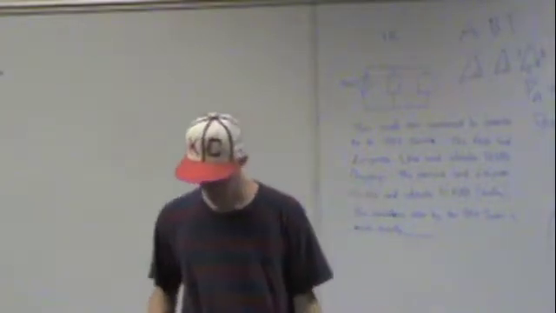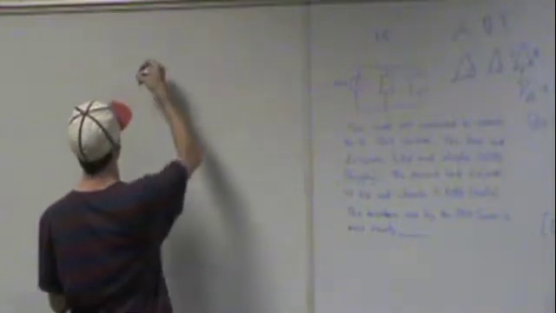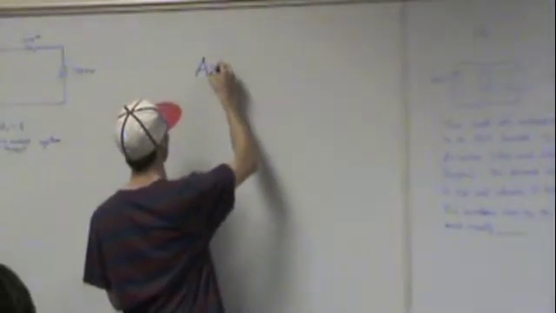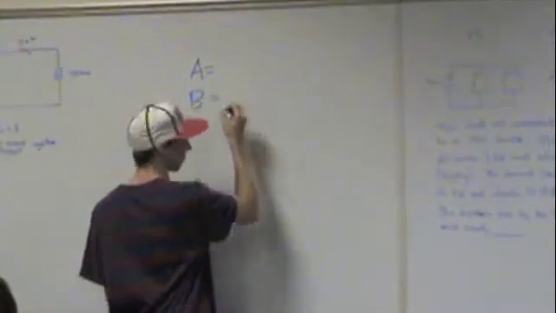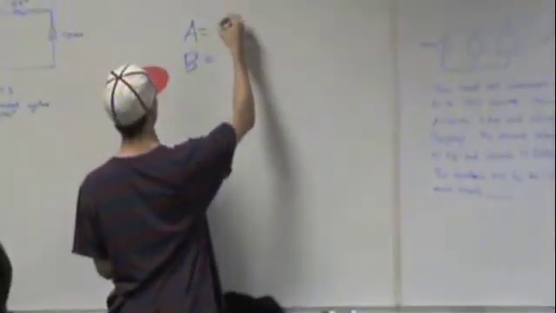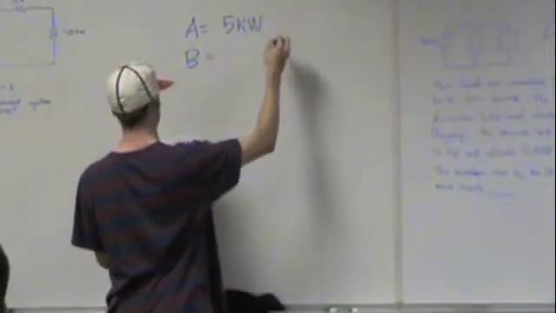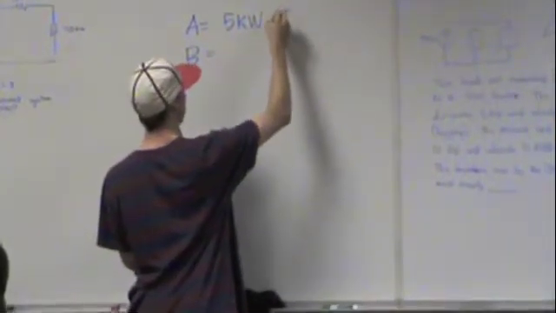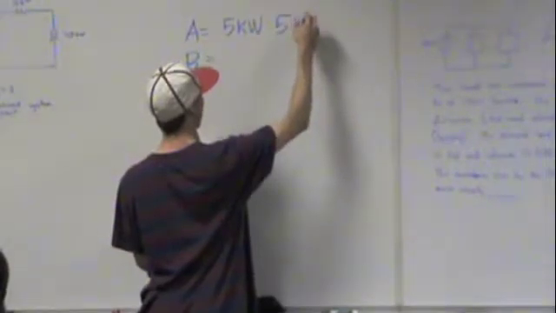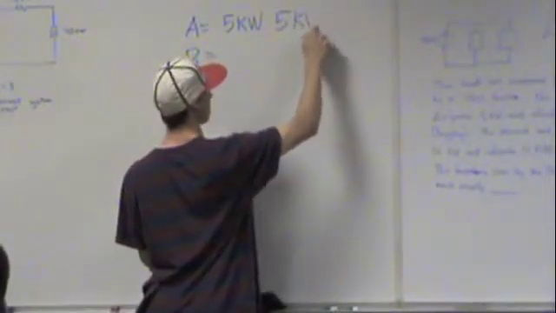But all right, so we're just gonna do the same problem, but now we're gonna do it using phasors. So again, we have A and B. So we know that for A, the real power is the 5 kilowatts, and the reactive power is 5 kvar, because they use var.